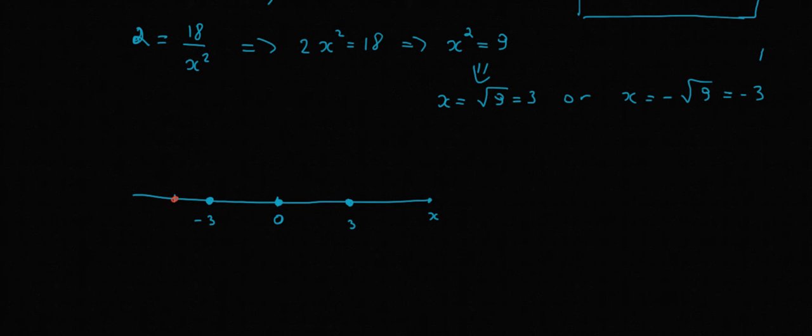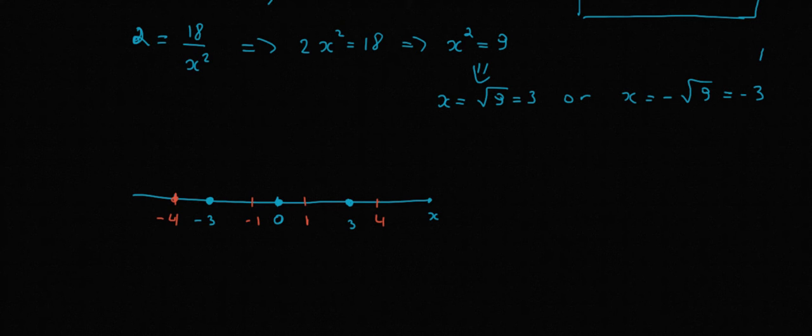So for example, I can take -4 as the test point on the first segment. I can use maybe -1 between -3 and 0, 1 between 0 and 3, and I can use, for example, 4 between 3 and positive infinity.